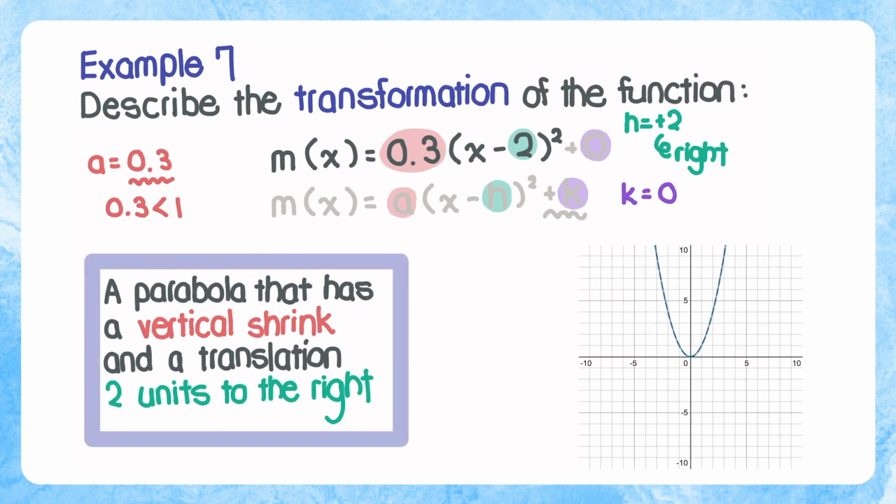So if we started from the graph y = x², the graph becomes wider because there is a vertical shrink, and then we move 2 units to the right. And that's it, because there is no vertical translation. Here, my vertex is at the coordinate point (2, 0). So for this special case, there was no k value, so there was no vertical translation.